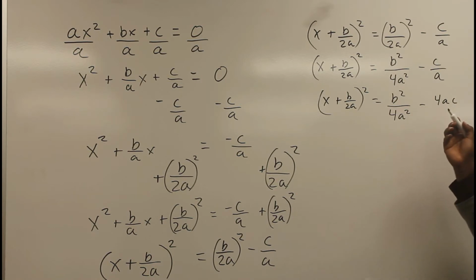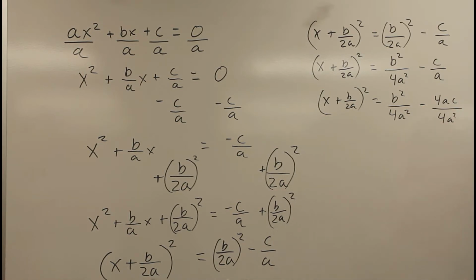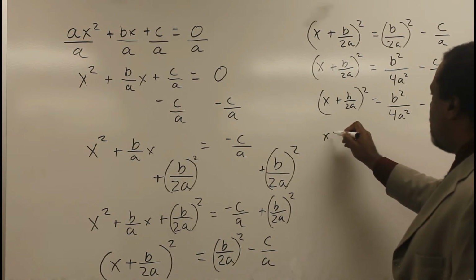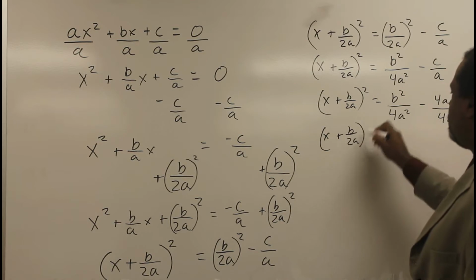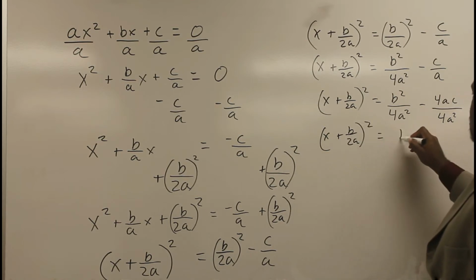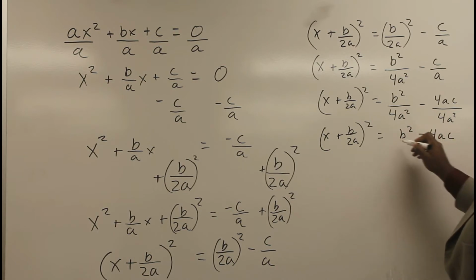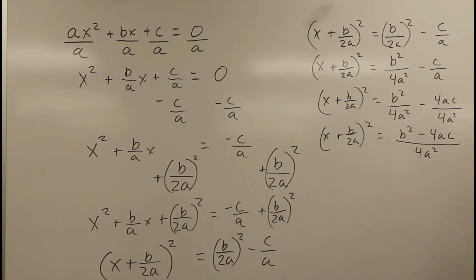I multiplied c by 4a over 4a squared. And since these have the same denominator, now they can be written over a single fraction. And this becomes b squared minus 4ac over 4a squared.